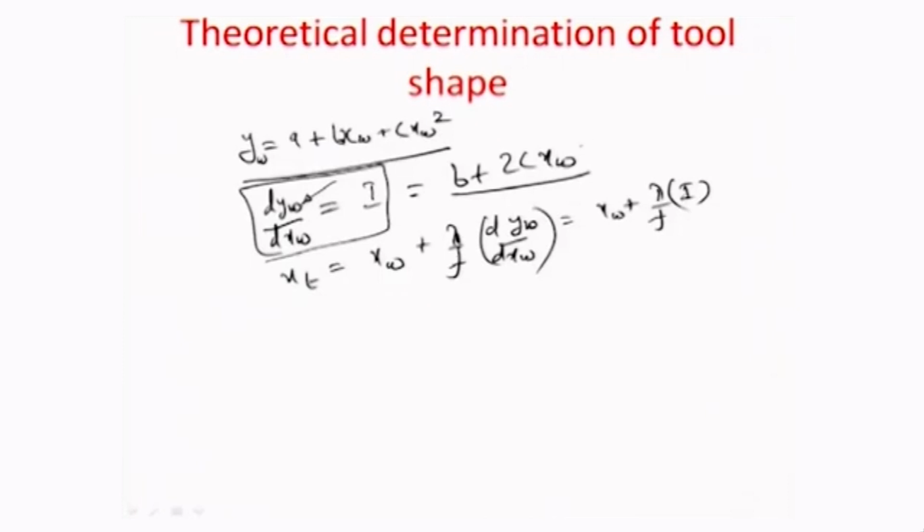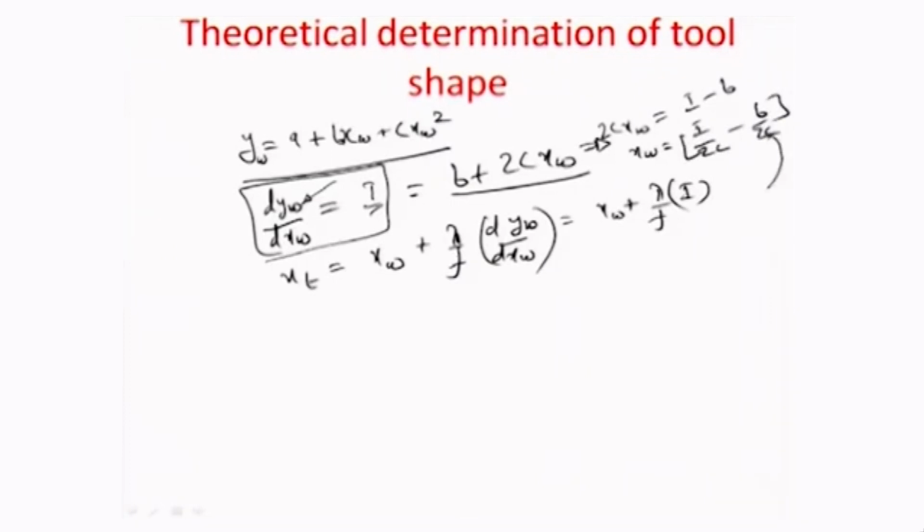And so very easily we can see here that if we write xw in terms of I, twice cxw is I minus b, or xw becomes equal to I by 2c minus b by 2c.